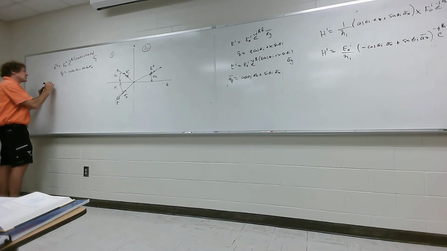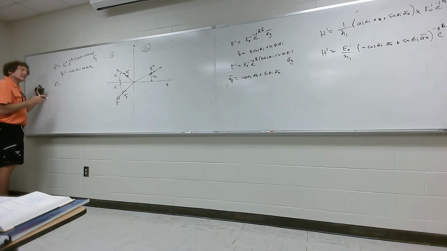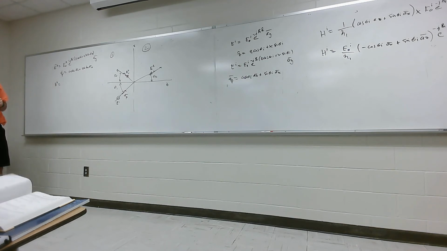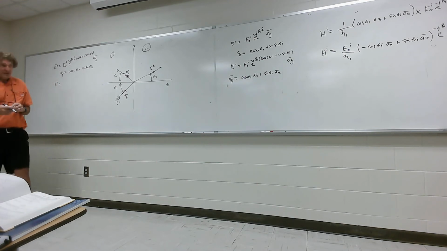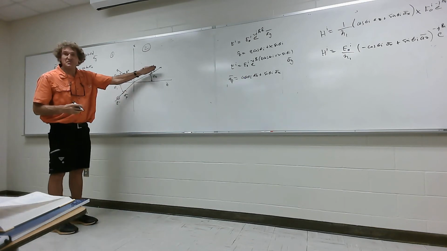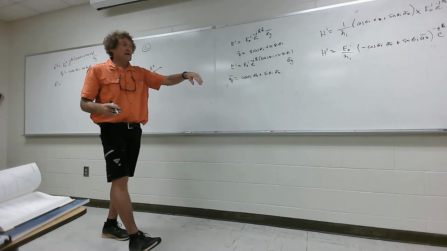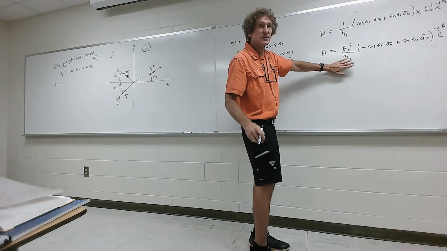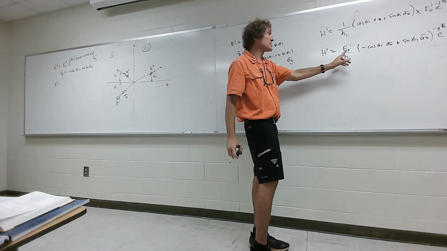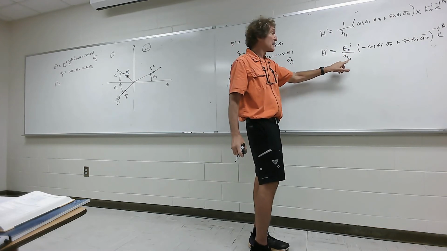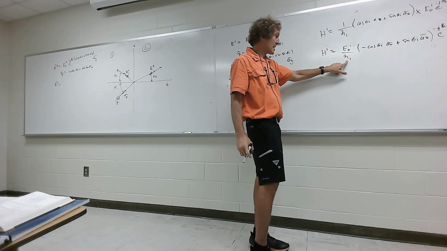So if I get the H field transmitted, anybody want to take a guess what's going to happen? It's going to have the exact same form as the incident one, only now it's E naught transmitted over eta 2, not eta 1.